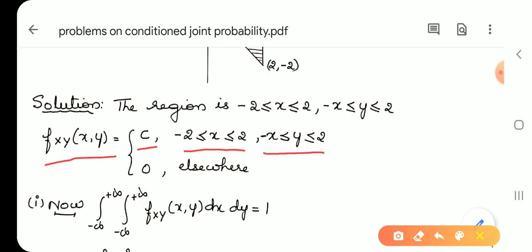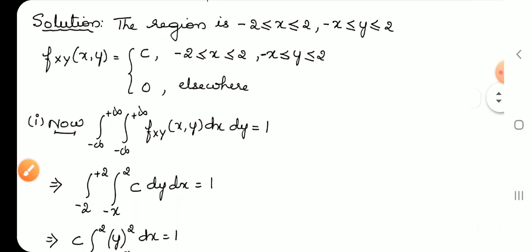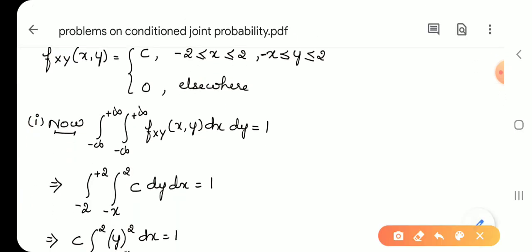Now to find the value of c, we will take the first one. We already know the double integral from minus infinity to plus infinity of f_XY of x comma y dx dy is equal to 1. f_XY of x comma y is given to be c, so we will write c here.